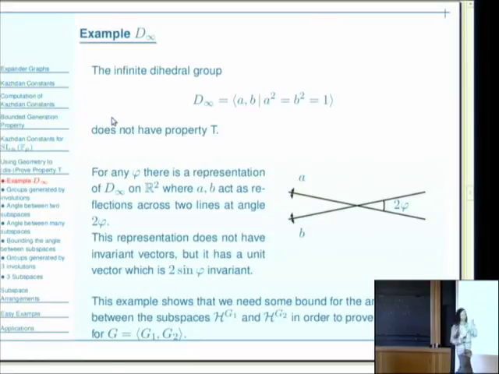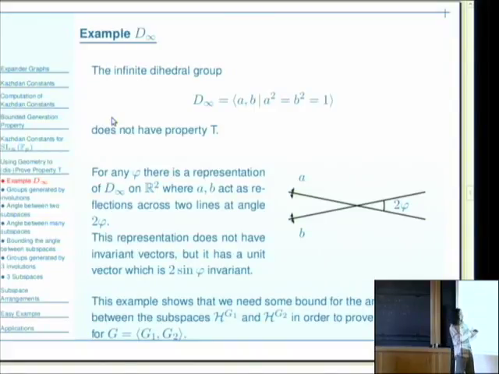Just the obvious representation. Okay, so what this is saying is, if I have a group which is generated by two subgroups, say G1 and G2, in this case the two subgroups are generated by A and B. They're tiny, but they generate the group. So if I want to get property T, somehow I have to make sure that their fixed spaces are not too close together.